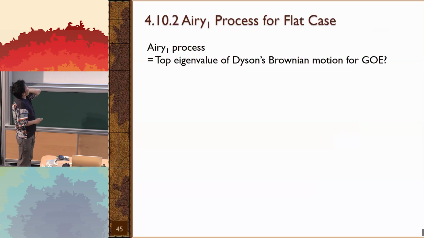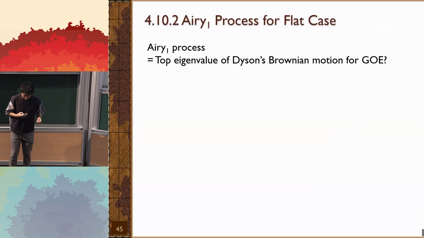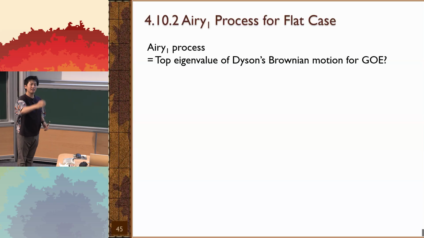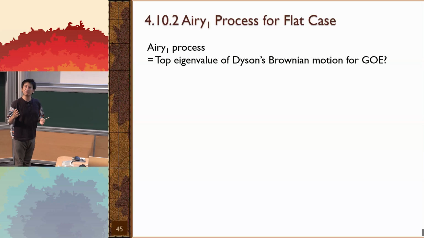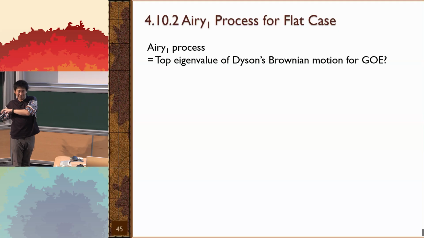Then what is the Airy 1 process for the flat case? For the flat case, if you look at 1-point fluctuations, it was the GOE Tracy-Widom distribution, so the top eigenvalue of GOE random matrices. Then if you remember the result for the circular interface, the multi-point correlations were GUE Dyson's Brownian motion.